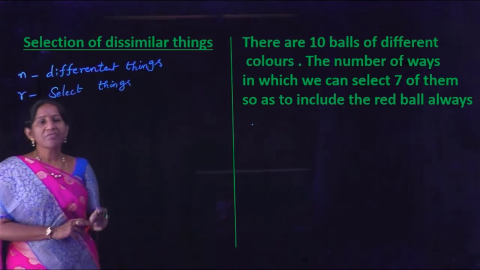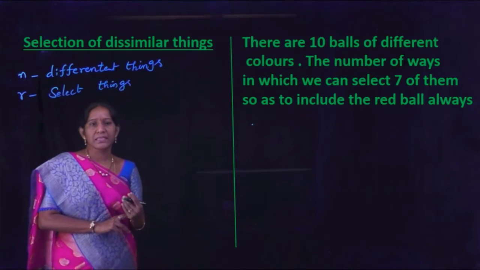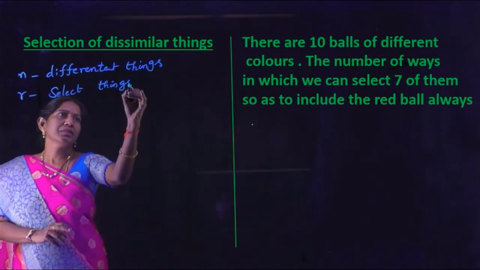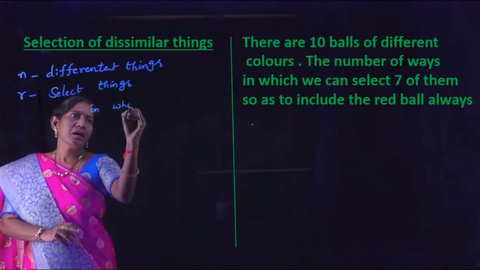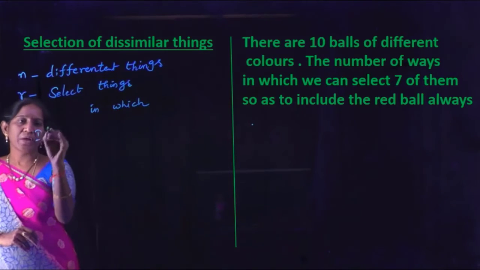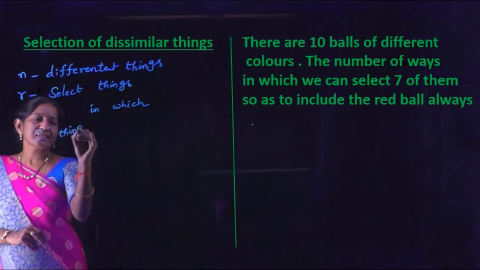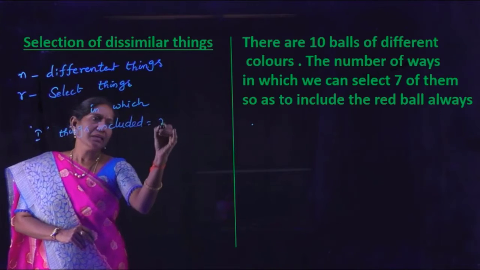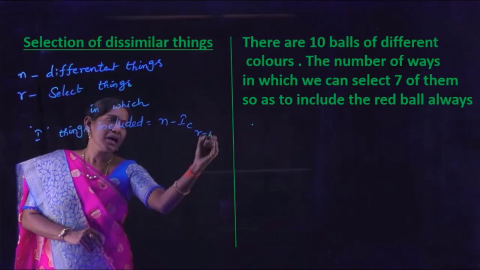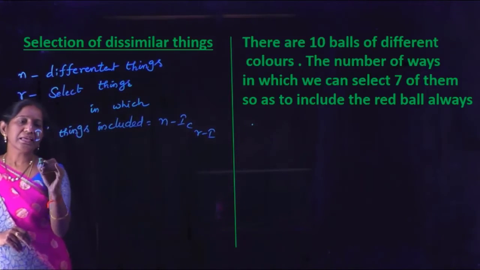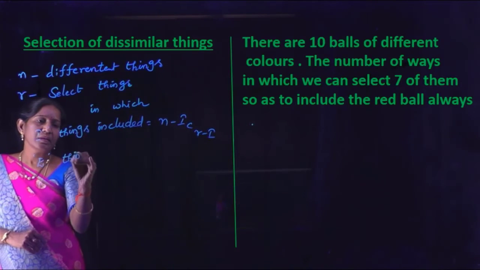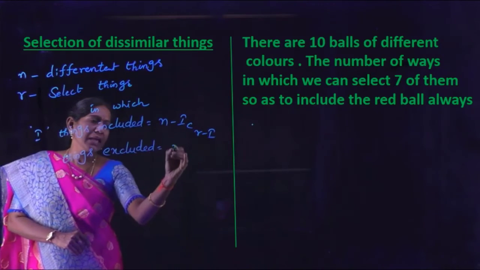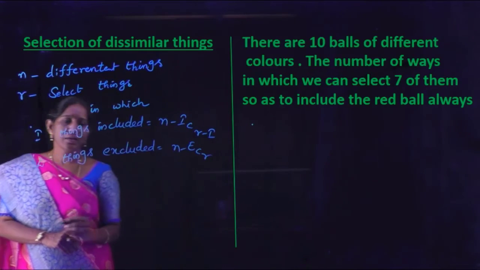So, number of ways of selecting r things from n dissimilar things in which i things included, that is (n minus i)C(r minus i). E things excluded, that is (n minus e)Cr.